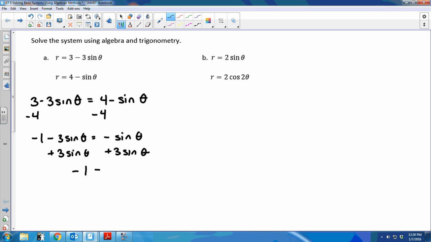So I get -1 equals 2 sine theta. Everyone okay with those steps? So I'm trying to solve for theta, so I need to divide by 2. So I have -1/2 equals sine theta, and so we're solving for theta.